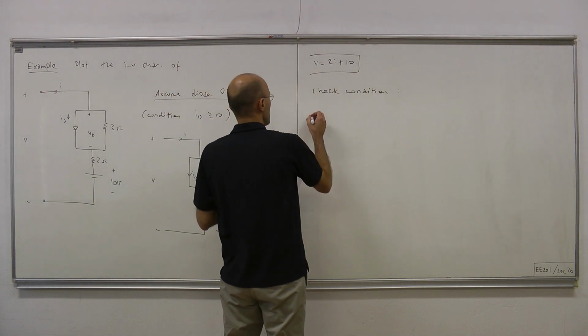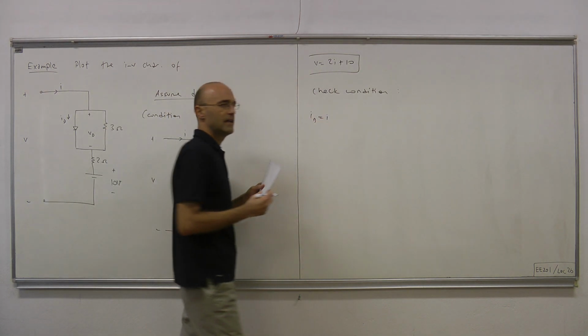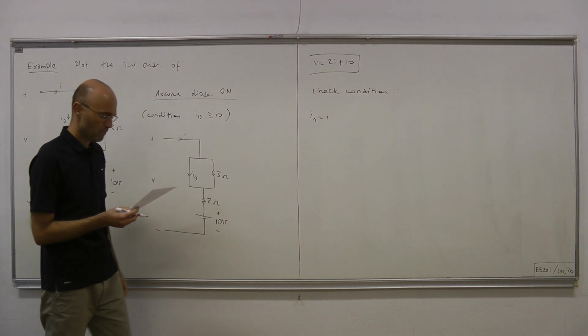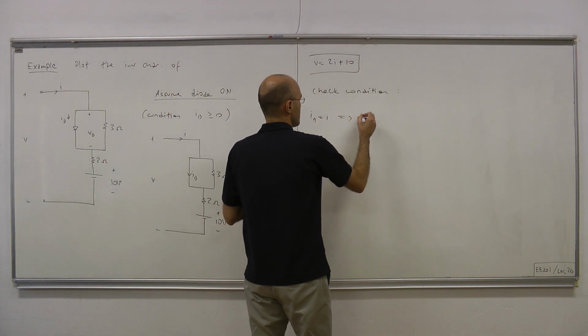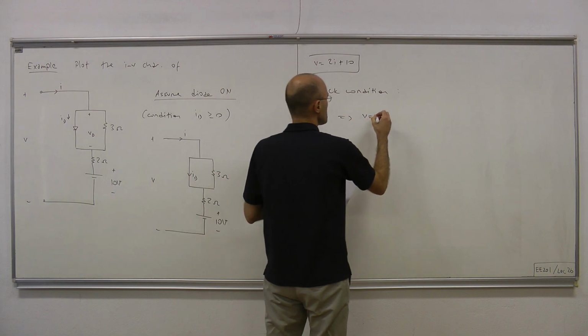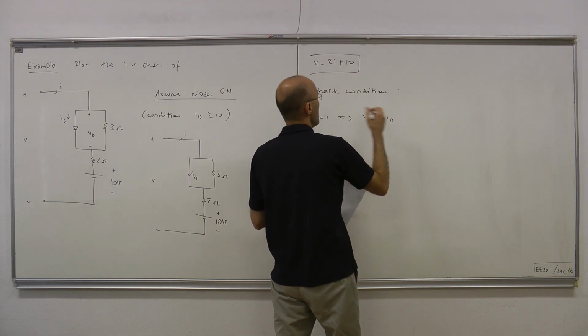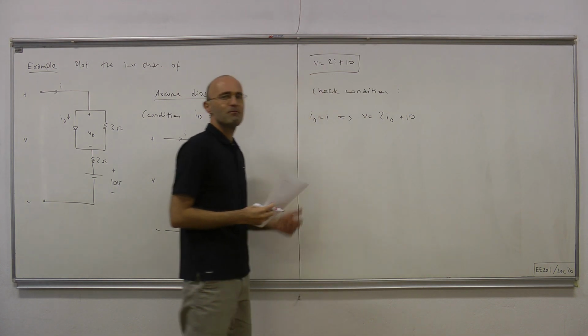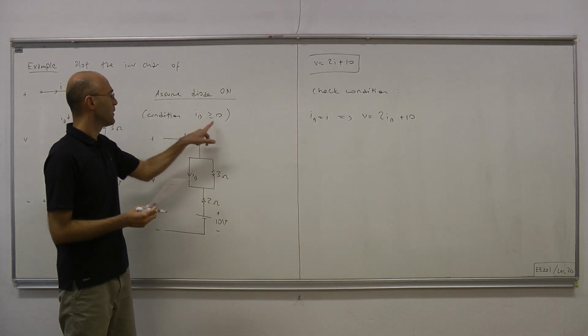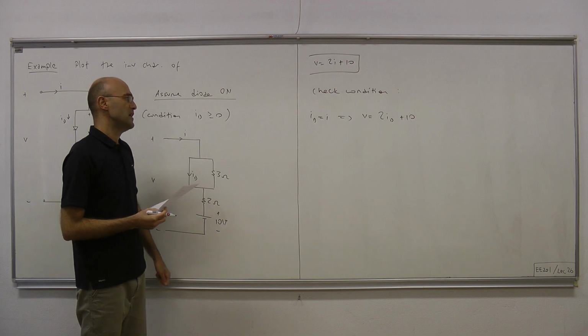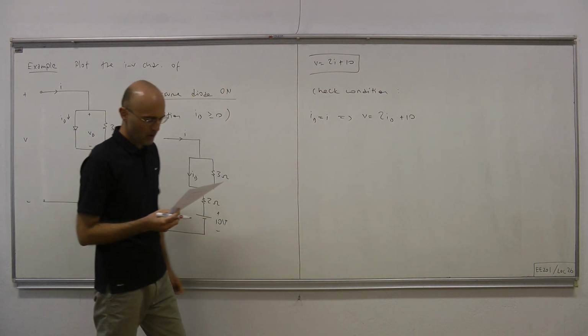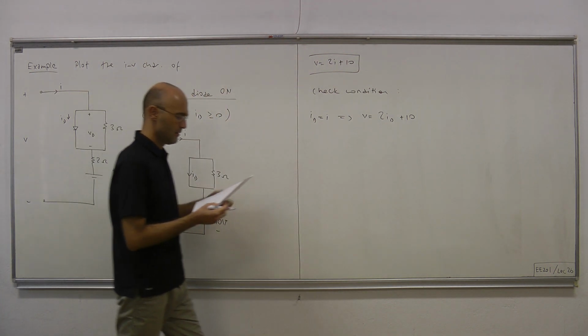So ID equals I. Therefore, V equals 2I plus 10, which we can write as 2ID plus 10. And then ID greater than or equal to 0 means that V must be greater than or equal to 10.